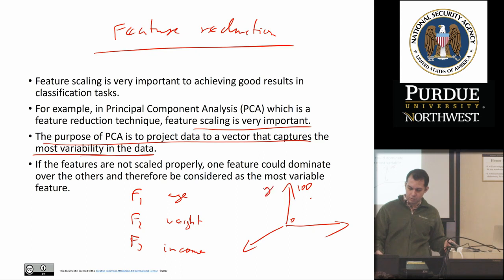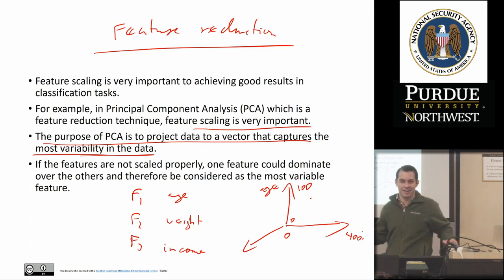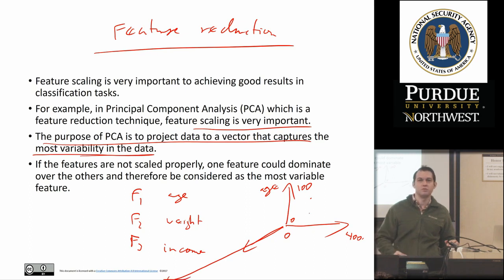And then weight goes from, let's say, also 0 to 400 pounds, right? But income goes from what? How much did Jeff Bezos make last year, or whoever's making a lot of money, so $1 billion. See, there isn't even enough room for this axis, right? It's so big. So if we rescale this, it might turn out like that.